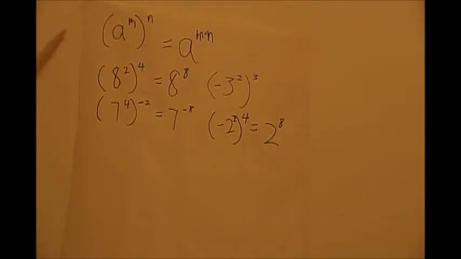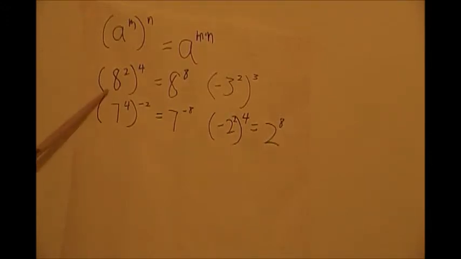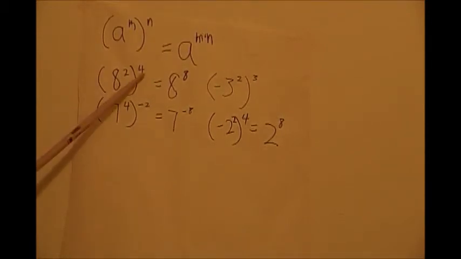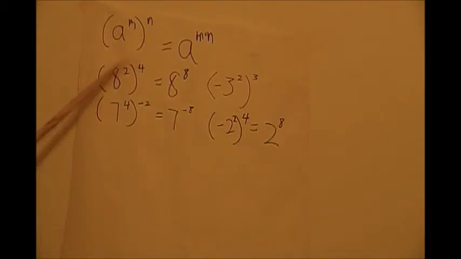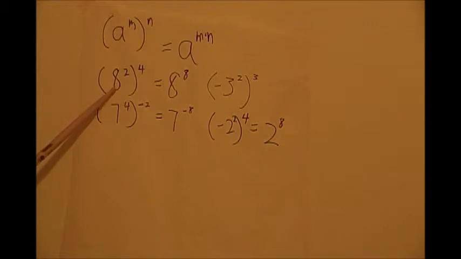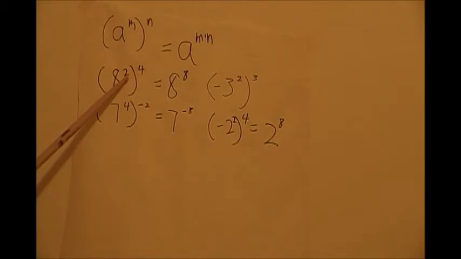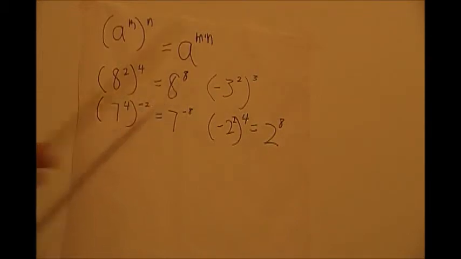So for example, if we had 8 to the second power, squared, to the fourth power, okay? So this is the power property. So what we do is we take a, which is 8, so it's going to be 8 to the m, which is 2, to the n, which is 4. So we multiply 2 times 4 to get 8.